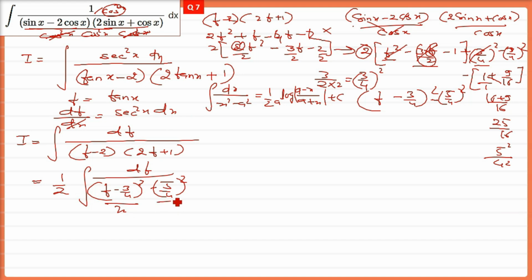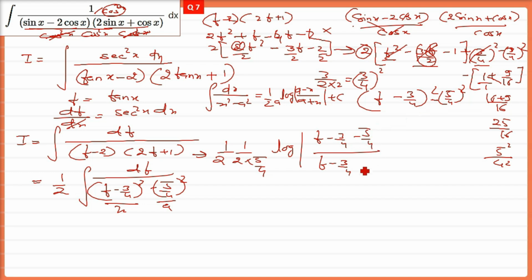What is x here? t minus 3 by 4. What is a here? 5 by 4. So we are just using the direct formula. 1 by 2 was already there. So 1 by 2a, 2 into 5 by 4, log of a minus x, that is t minus 3 by 4 minus 5 by 4, and denominator t minus 3 by 4 plus 5 by 4.